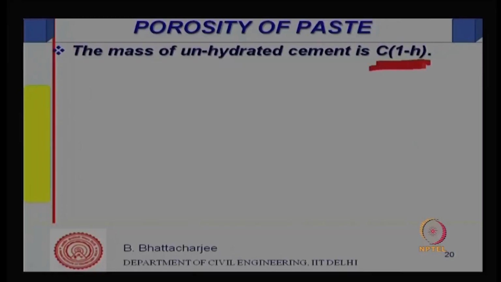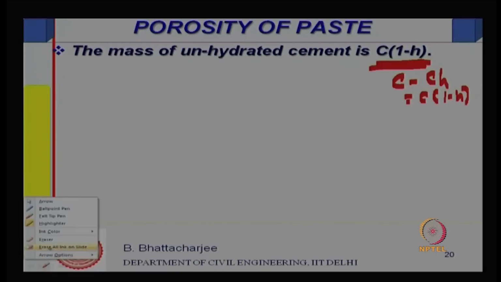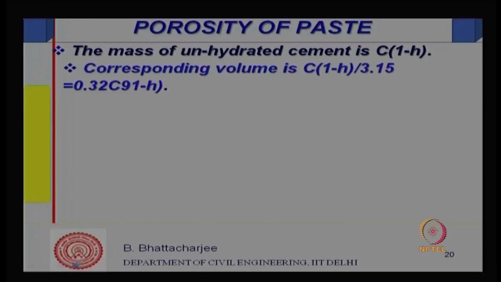The mass of unhydrated cement will of course be C into (1 minus H), because Ch has hydrated; originally C, so C minus Ch is C into (1 minus H). Mass of unhydrated cement will be only this much, and the corresponding volume, because the density of cement is 3.15, will be 0.32 C (1 minus H).